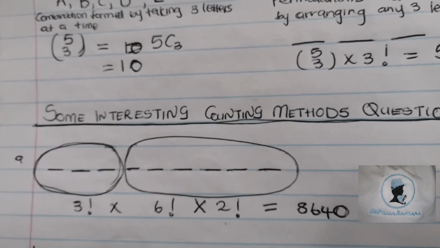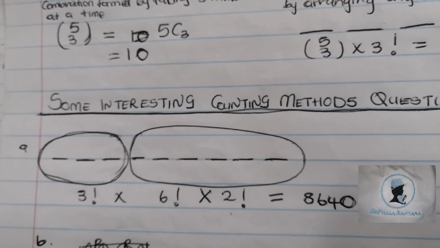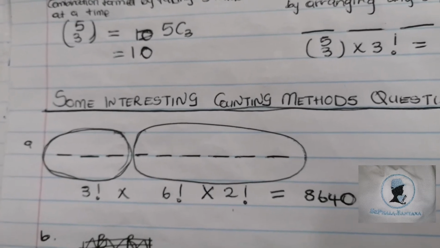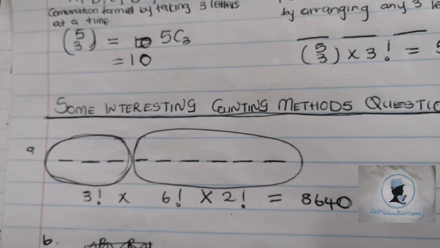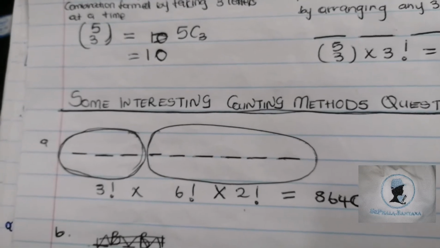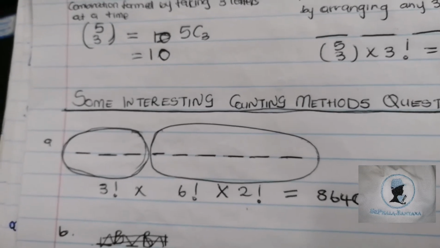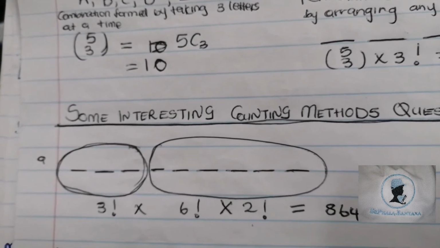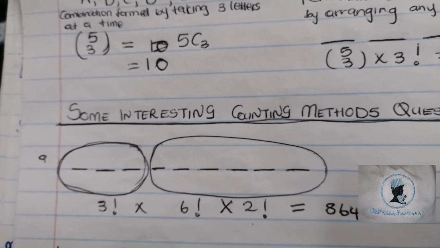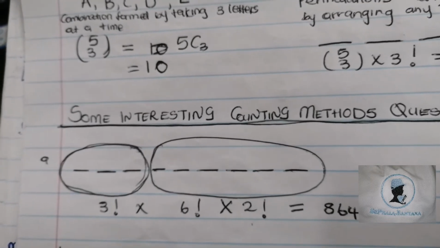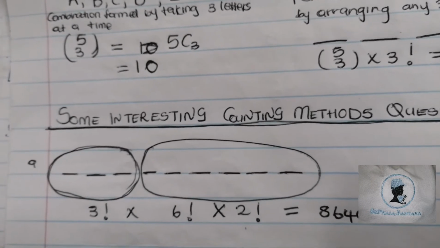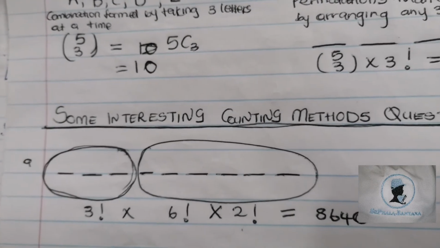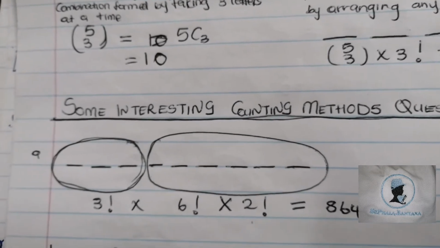The question says, in how many ways can 3 girls and 6 boys be made to sit on a bench in such a way that A, the girls and the boys are each to sit next to each other. So we want the boys to sit next to each other, the girls to sit next to each other.